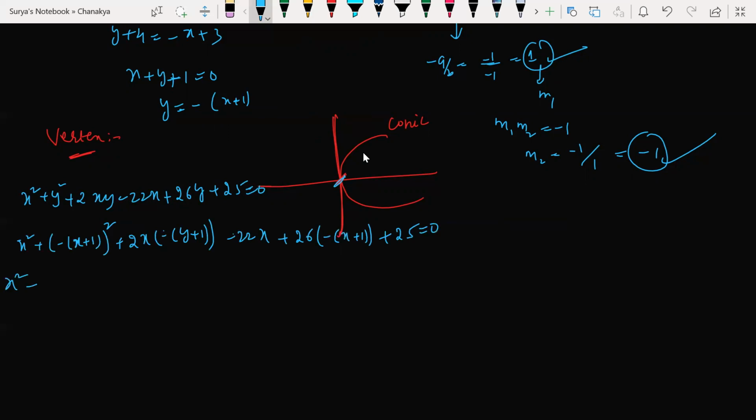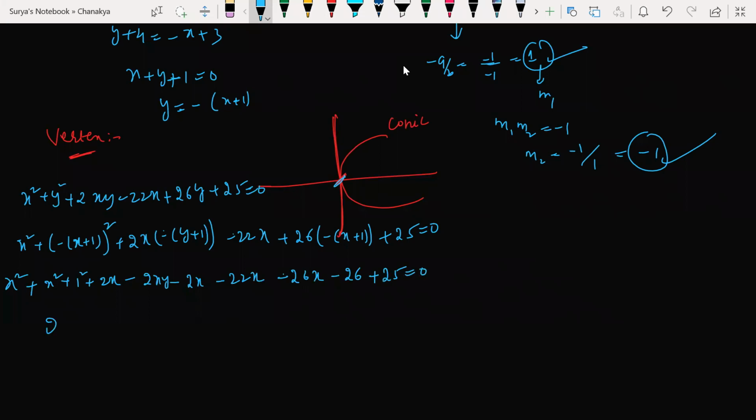So a square plus b square plus 2ab, and so what you are left with here now? Minus 2xy minus 22x minus 26x minus 26 plus 25 is equal to 0, right?